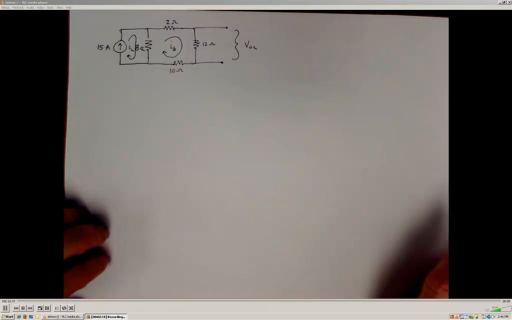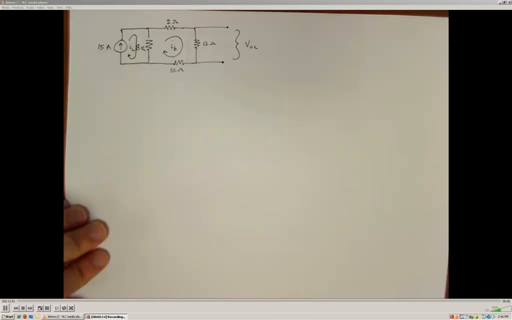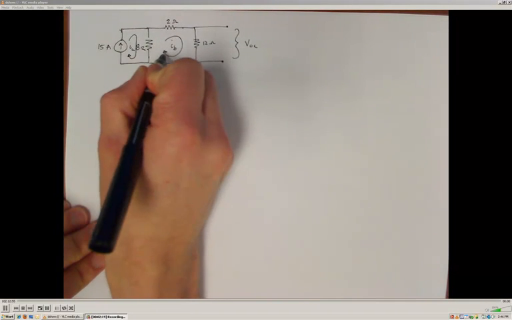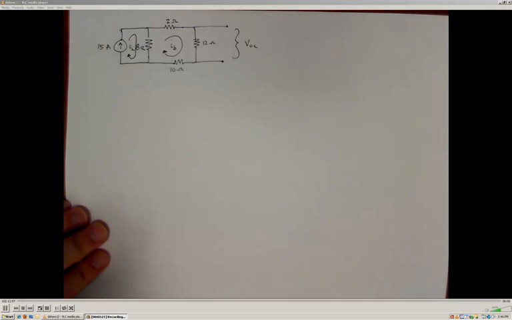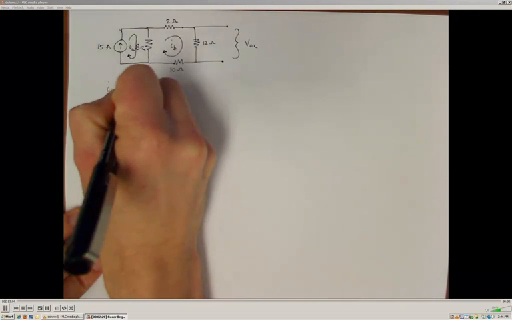We don't have to do any work to solve for that. So we'll have one equation to solve for this unknown mesh current, IB. I've assumed that both of these currents are going in the clockwise direction, so we need to write our equations accordingly. IA, we know, is already 15 amps.